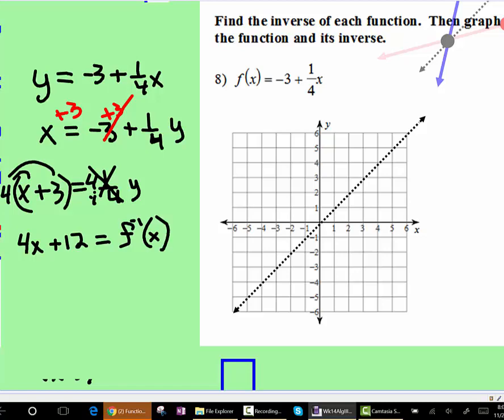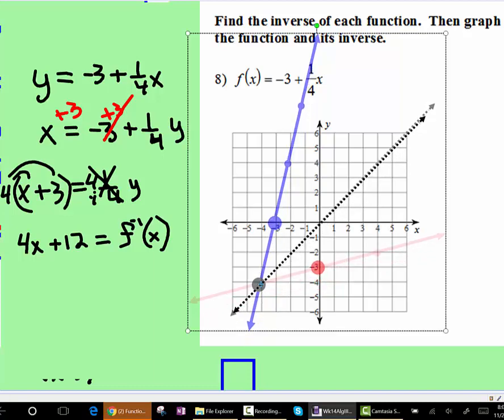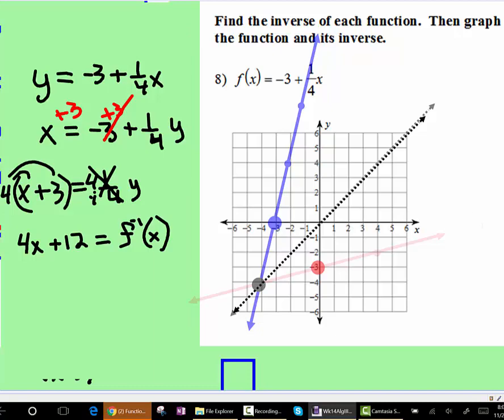If we were to graph both of these, and funny thing is, I did, let's see. There we go, right there. This is what that would look like. Notice this first graph right here.